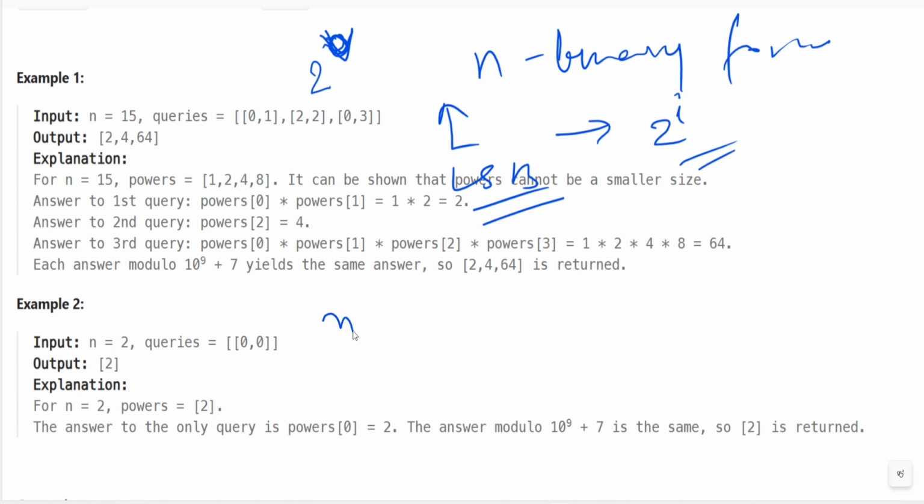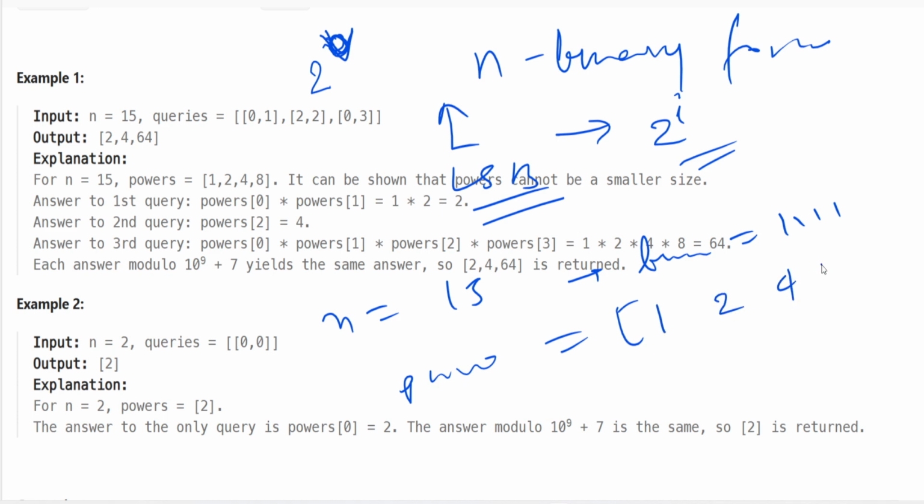Let's suppose we are talking about n equal to 15. We saw that the binary is 1 1 1 1, so all bits are 1. We will start from 1, 2, 4 and 8, like that.